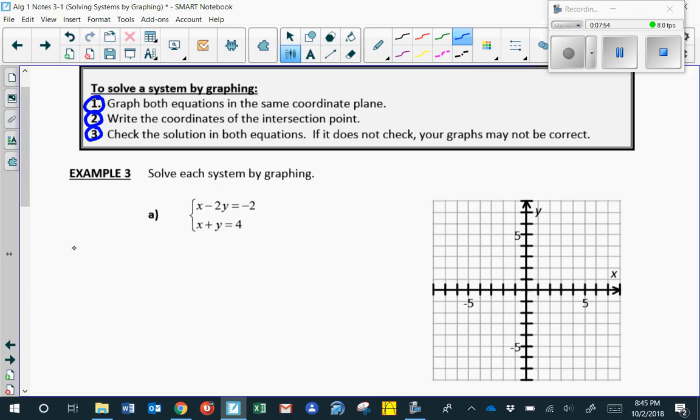Okay, in A, we have two equations. We have x - 2y = -2. Sometimes it's easiest to graph these equations if we solve them for y. That is to put it in y = mx + b form. So I'll subtract x from both sides.